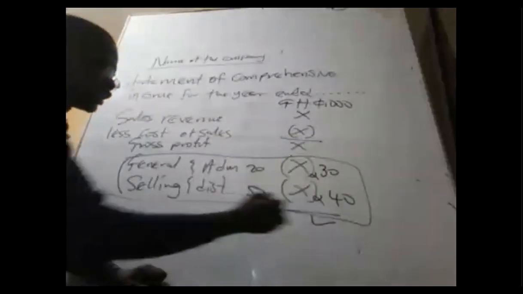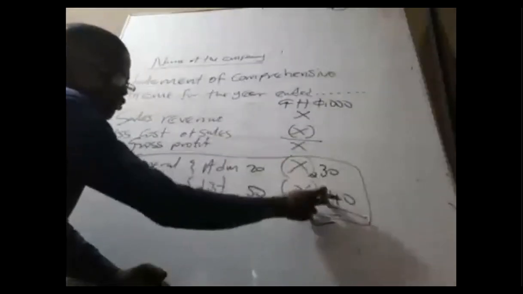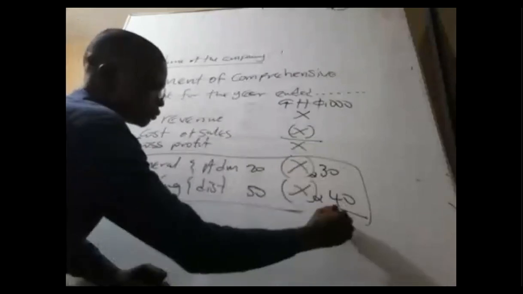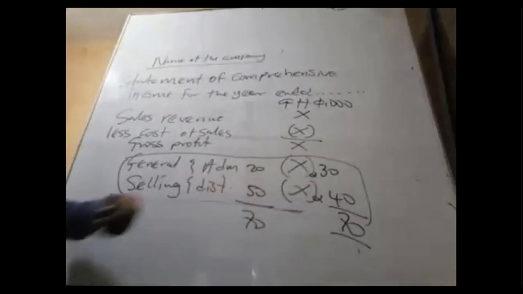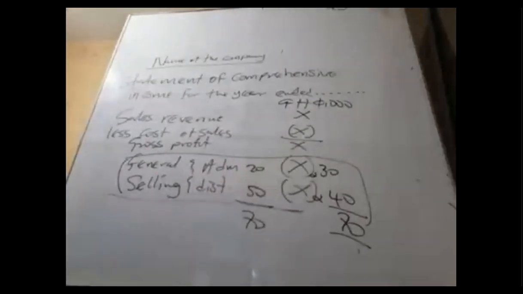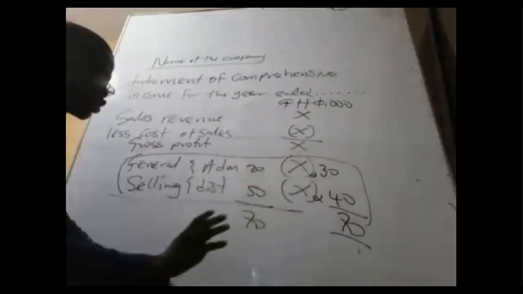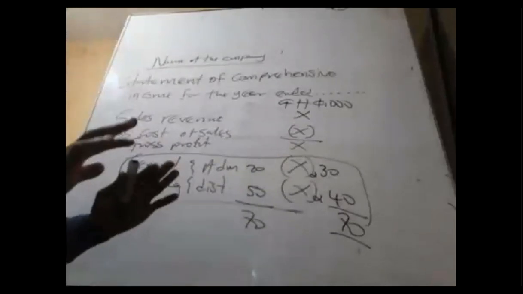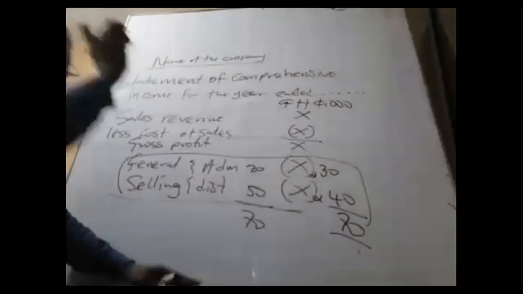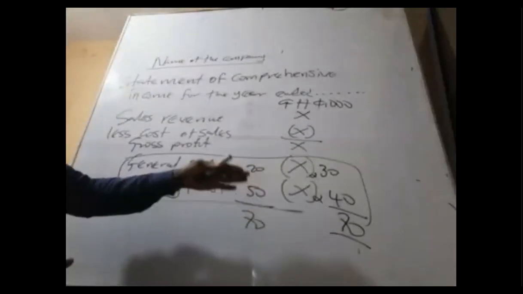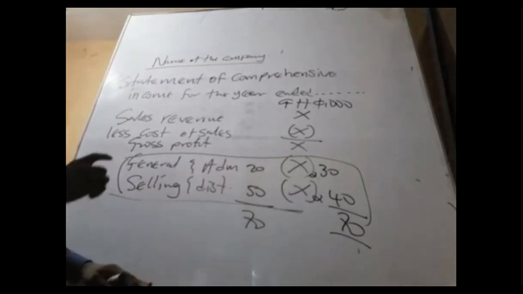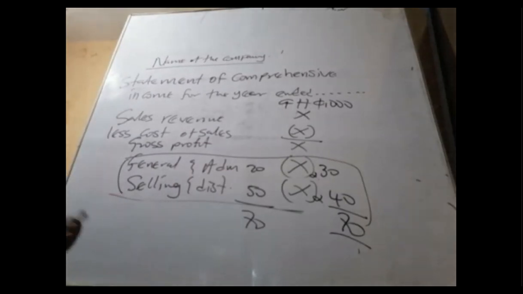Because when I sum my individual wrong figures, I'm getting 70. When I sum the correct one, I'm getting 70. So this insurance cover is comprehensive, covers everything. Just show workings, prepare a working somewhere, and bring only one final figure in here. So at the end of the day, you will arrive at just one figure. Call it admin and distribution costs, or you can also call it operating cost.